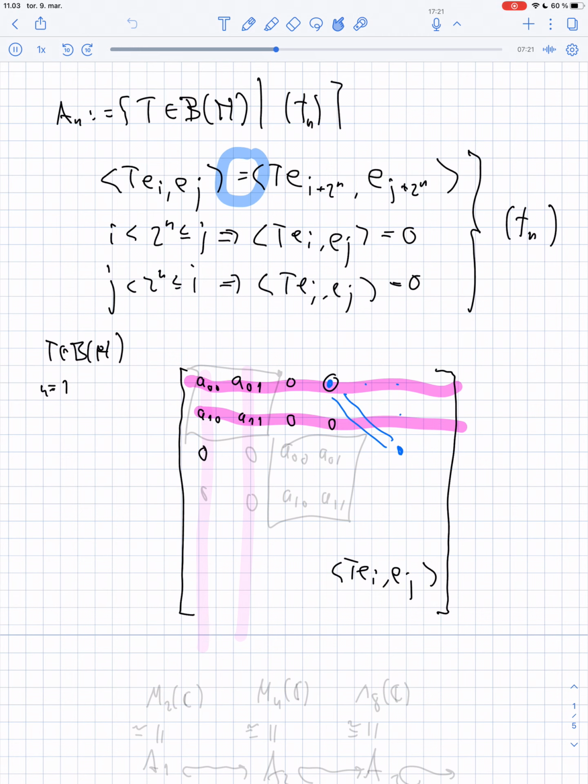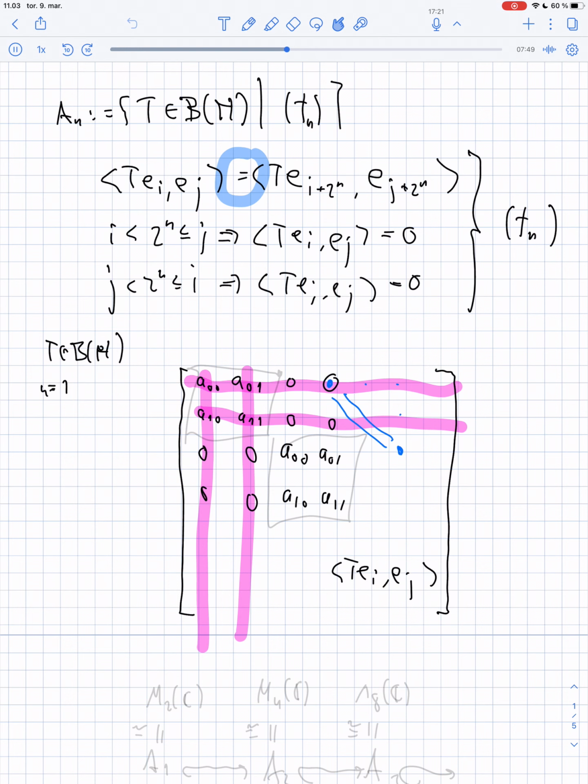I also need to know what happens here and here in order to get all the information about what the matrix looks like. Right, so I have 0, 0, zeros, and then if I move this a little bit out of the way, then you can see that now I have a repetition of A00, A01, A10, A11, and so on.